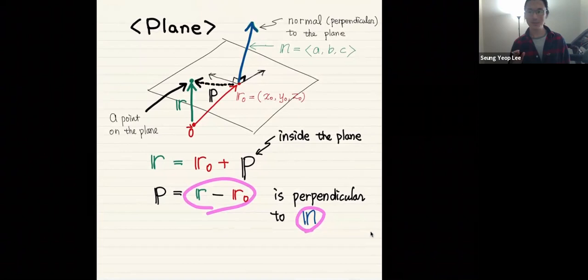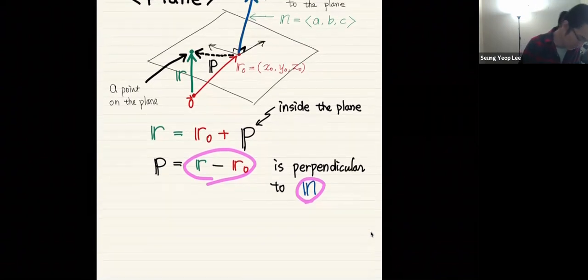Okay, now it's time to recall the dot product. Whenever vectors are perpendicular, what was their dot product? The dot product was given by the magnitude product times the cosine of theta, and perpendicular means theta is 90 degrees. So cosine 90 is 0, so the dot product vanishes.